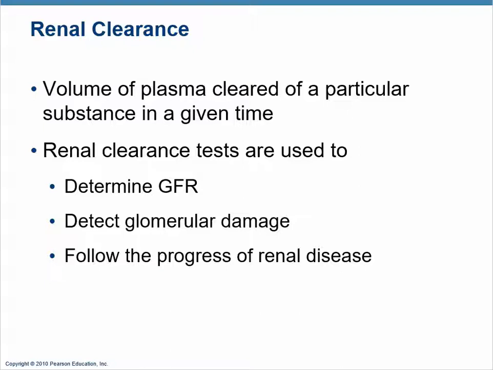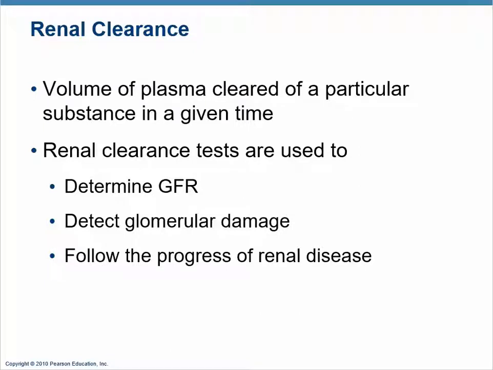Now, this is useful to really determine things like the glomerular filtration rate, the kidney function. We use it to look at kidney diseases. We watch how long it takes for a given amount of substance to leave the blood.